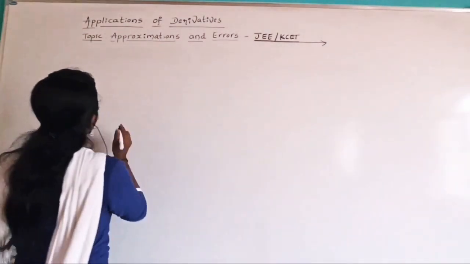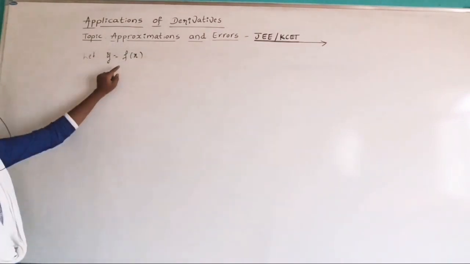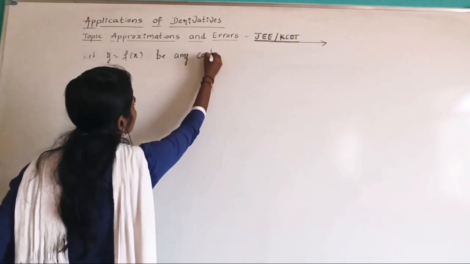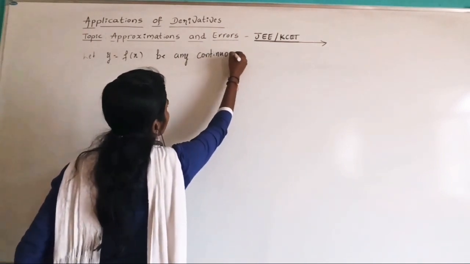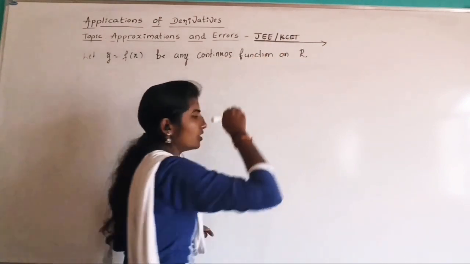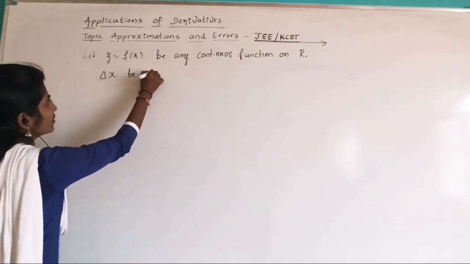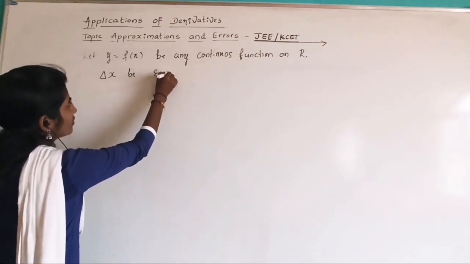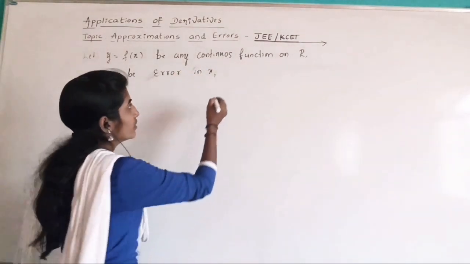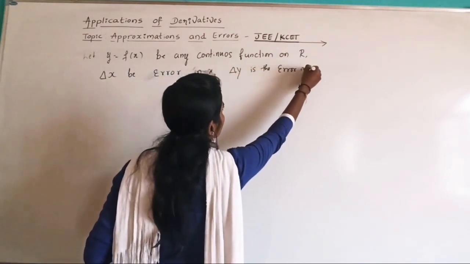Okay, so here let y is equal to f of x. Let y is equal to f of x be any continuous function on real numbers, and let delta x be the error in x, and delta y is the error in y.